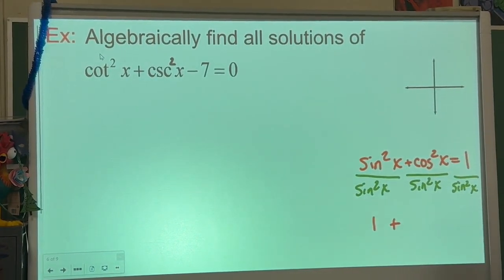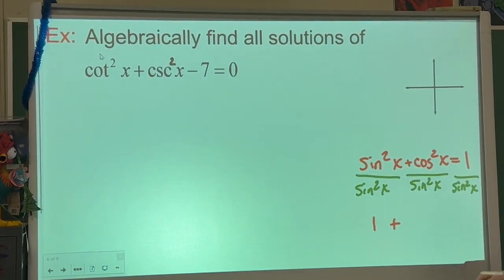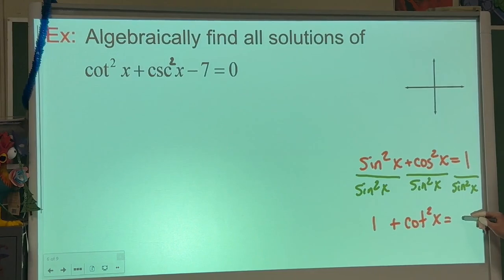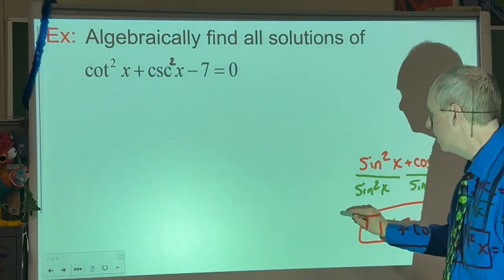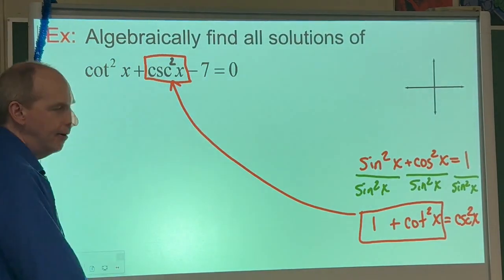Cosine over sine. Well, I know sine over cosine is tangent, so cosine over sine would be cotangent. And then 1 over sine would be cosecant. There we go, cosecant. How about we substitute this right here in place of this right here.